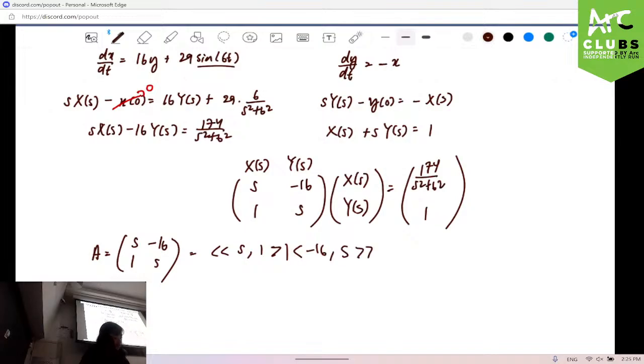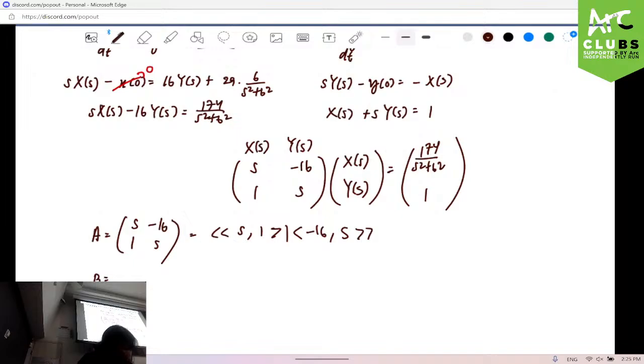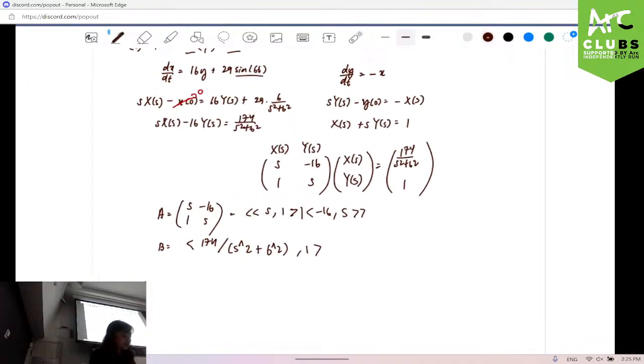And B, I remember they told us to just do 174 over s squared plus 36, and then 1. Okay, so boom, we solved the first question.